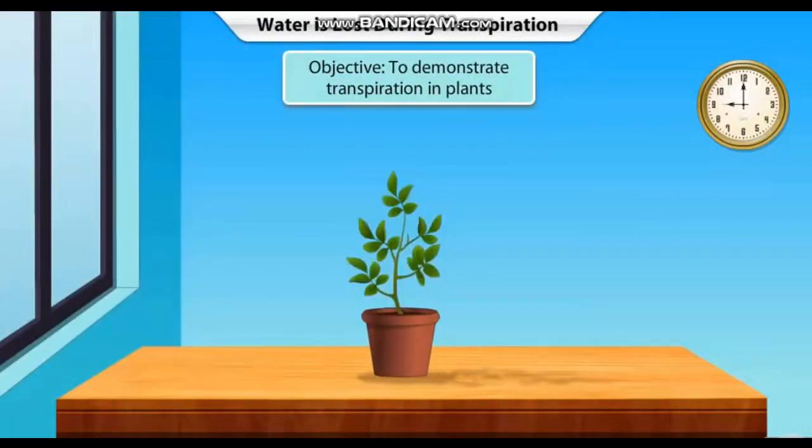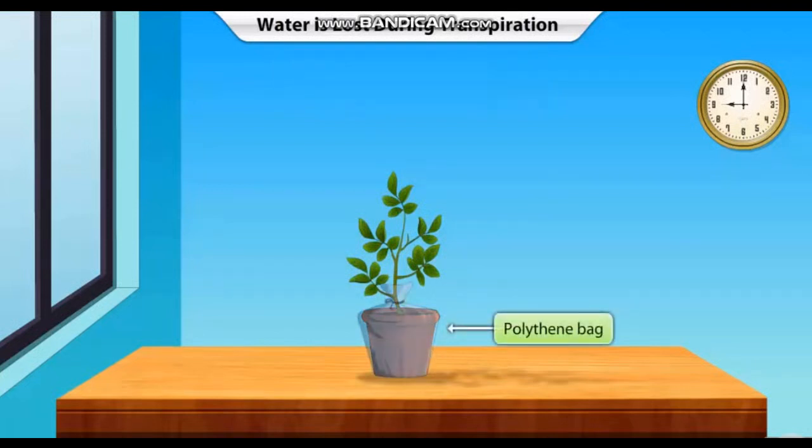Let's demonstrate transpiration in a plant with the help of a bell jar and dry cobalt chloride paper. A well-watered potted plant with broad leaves is taken. The pot containing soil is covered with a transparent polythene bag. The bag is tied to the base of the stem with a string.